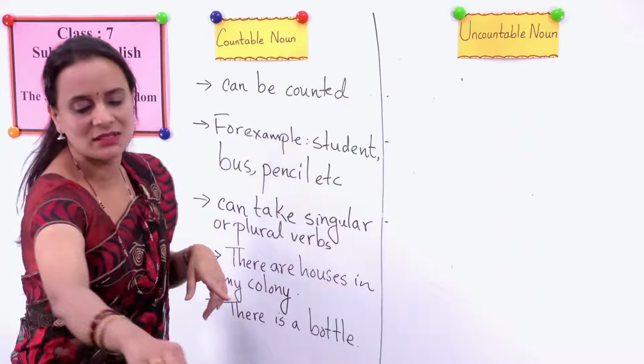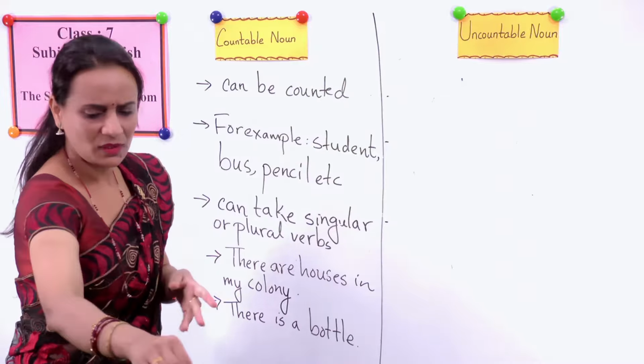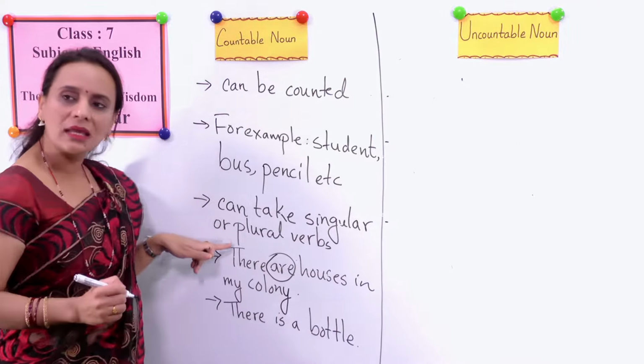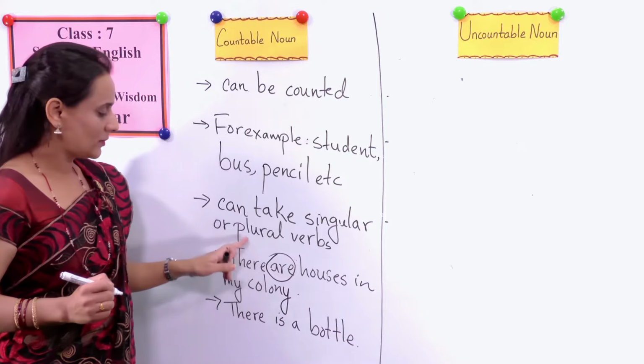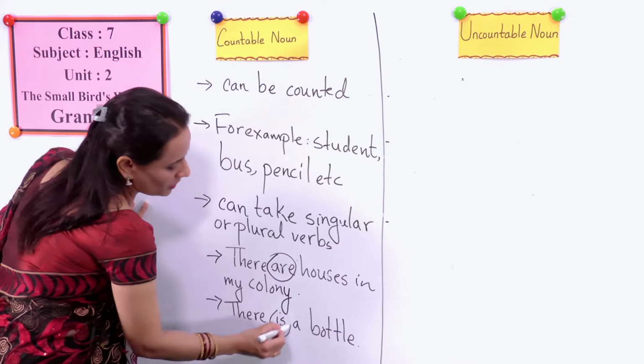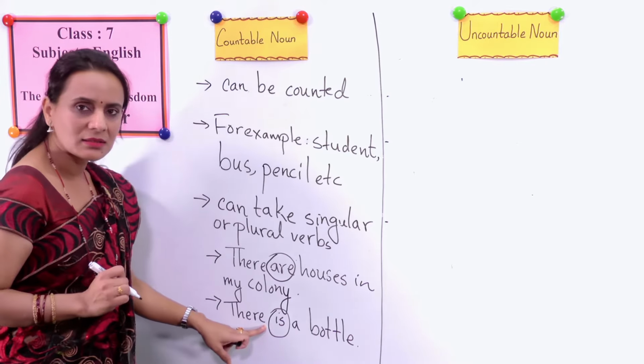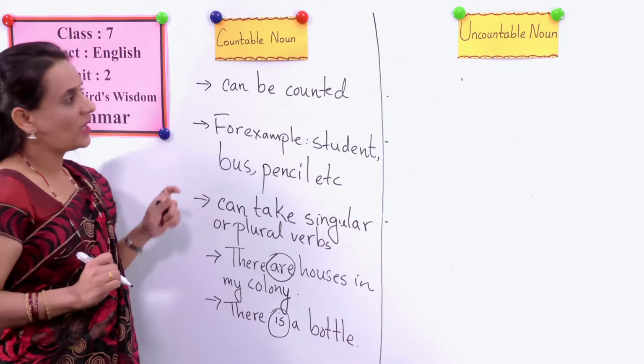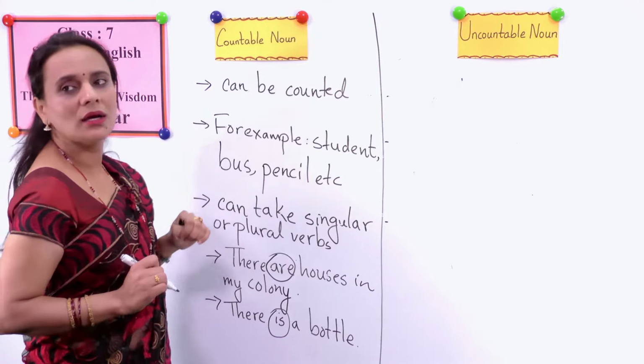What kind of verb is this, are? This is a plural verb, isn't it? And there is a bottle. Is is singular.